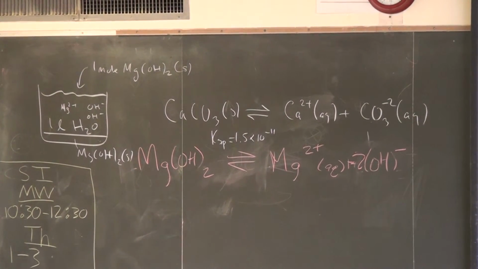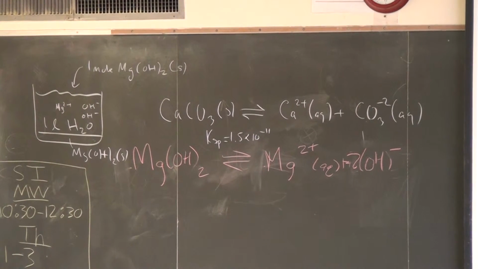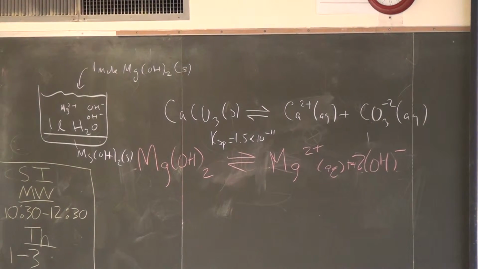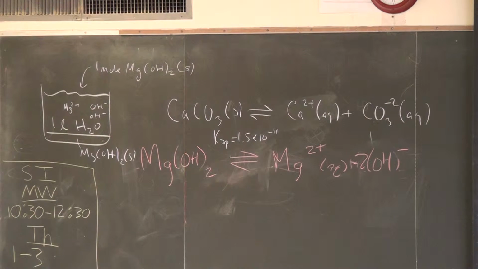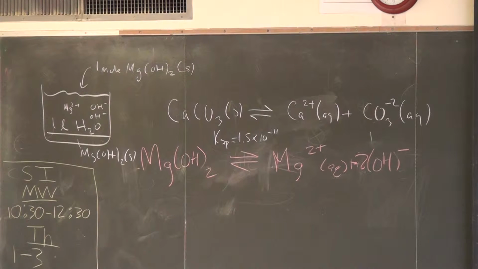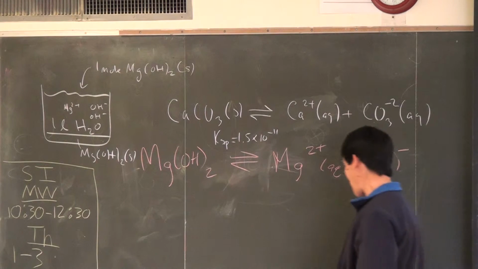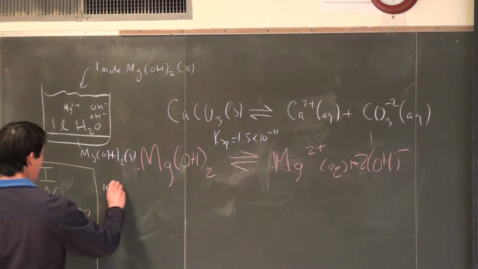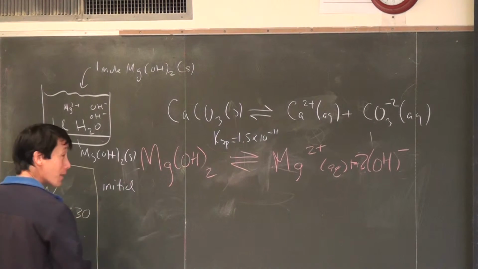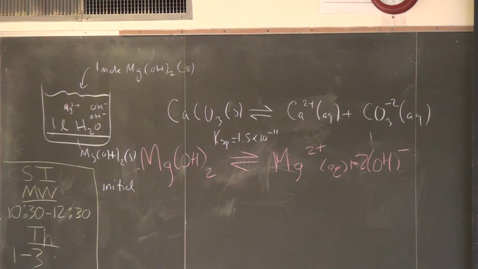Okay, so have we done an equilibrium calculation before? Are you to the point where you can do an equilibrium calculation in your sleep? No. But you told me you know what to do. You said before we know how to set it up. So right here we put initial. And then right underneath that we put change.